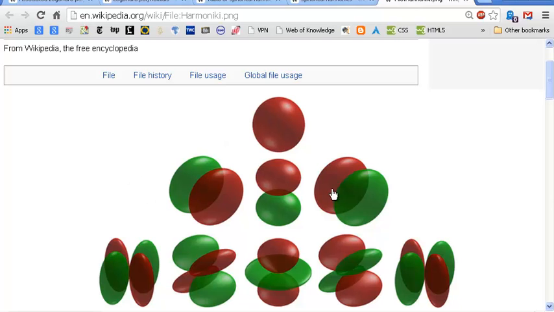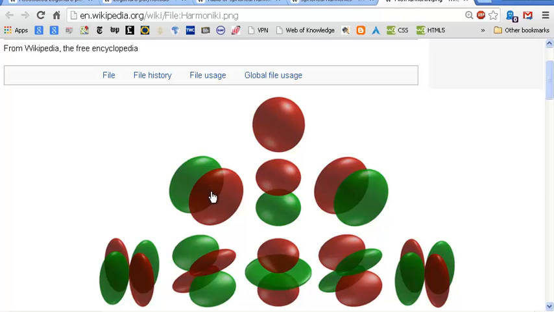Here, this row is for L equal 1, M sub L equal minus 1, 0, and plus 1. So we have the 3, and these look like the 3 p orbitals. Oh, that's interesting. And here is L equal 2, 1, 2, 3, 4, 5 values of M sub L, and that's what they look like. So what kind of plot is this?